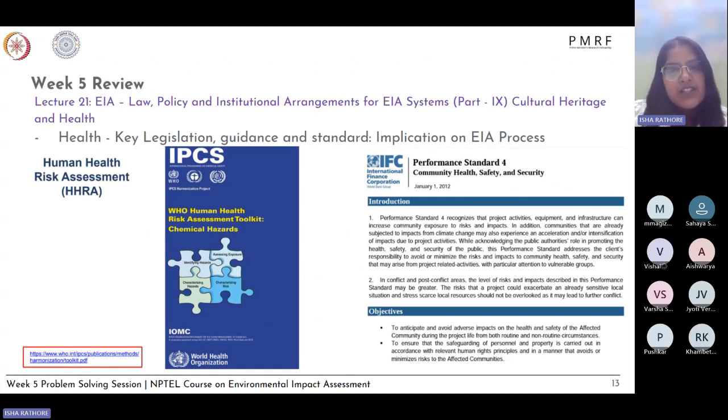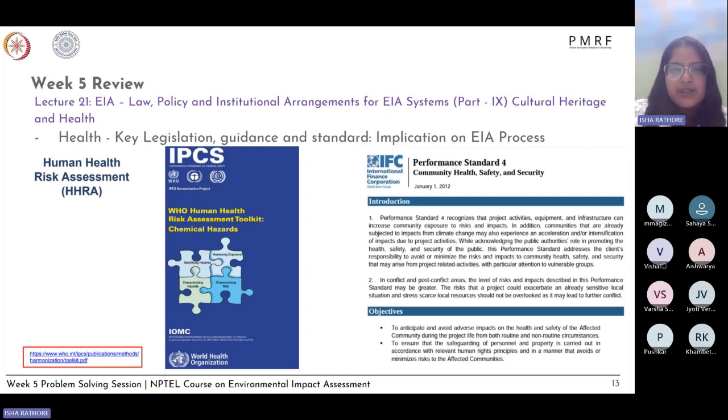Then we also had the International Finance Corporation (IFC) Performance Standard 4, which looks at community health, safety, and security. So it tries to anticipate and avoid adverse effects on the health and safety of the affected community during the proposed project development and throughout its lifetime, basically.